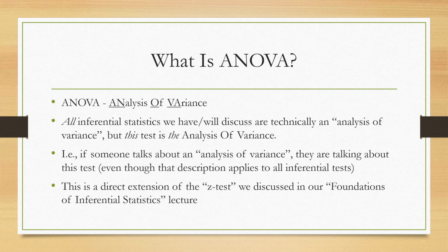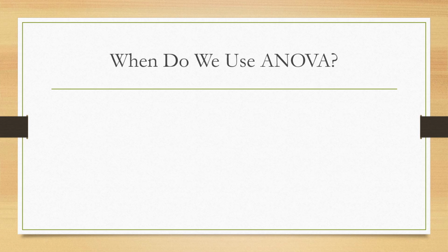As we extend that to comparing more samples, so we had, say, looking at comparing some level of patients in a hospital to a pre-existing value. The immediate extension, which still falls under the realm of the z-test, well, it's actually under both realms, is if we want to compare patient loads at two hospitals. And then as we want to compare three or more, then we dive into this ANOVA extension.